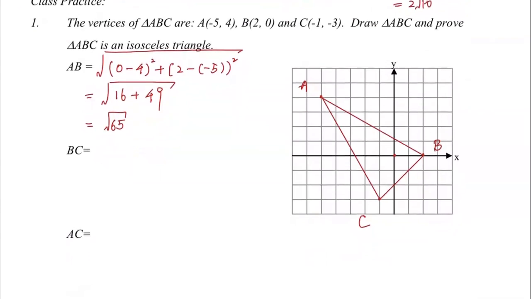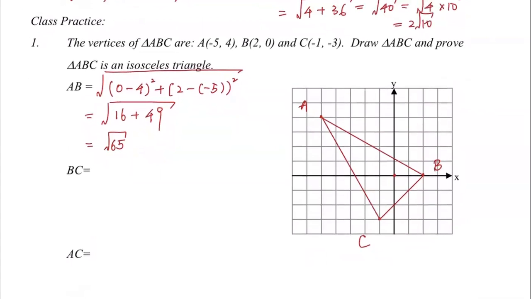Okay. BC. BC is equal to, so we use these two coordinates. -3 minus 0, so that's -3, squared, plus -1 minus 2, so that's -3 again.